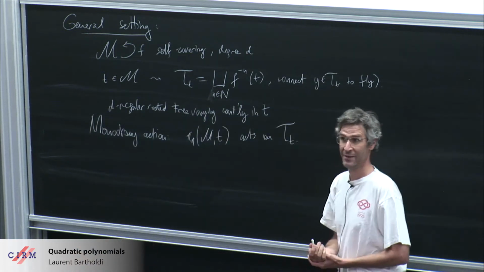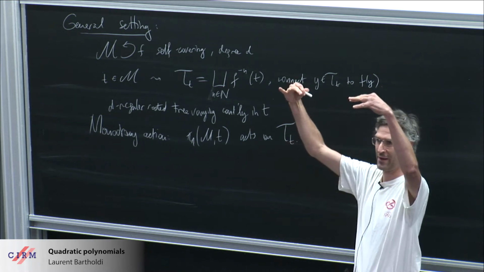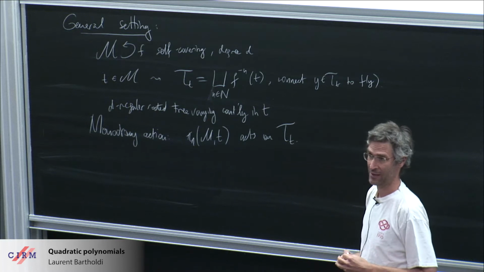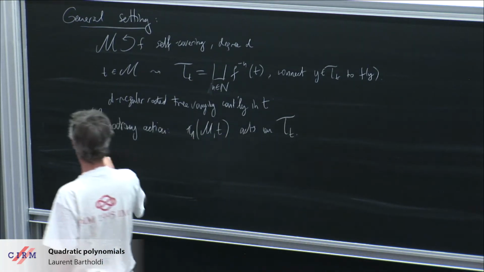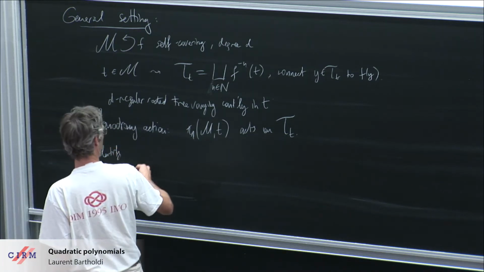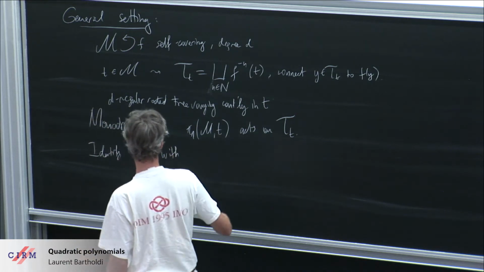There's just one D-regular rooted tree: a vertex, and then D descendants, and D squared descendants of those, and so on. But there are many ways of writing it, even though there's only one. We would like to identify this tree with something symbolic.